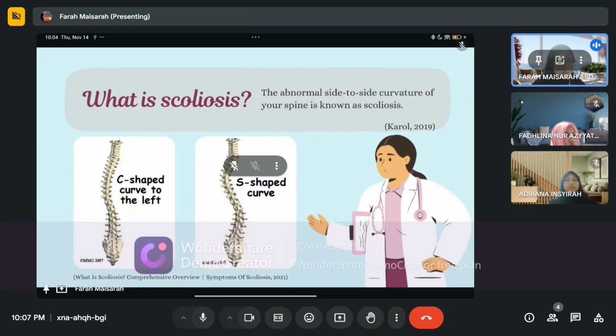If the person was diagnosed with scoliosis, their spine will curve in a C or S form, either to the left or to the right. These are the pictures showing how the C-shaped curve looks, which curves to the left, while the S curve looks like the letter S. These are the pictures, as you can see.